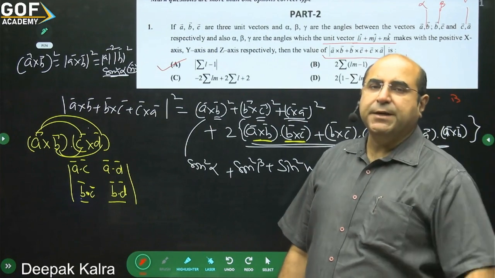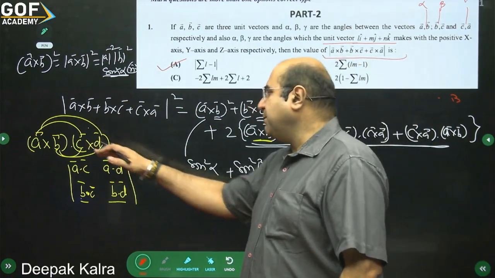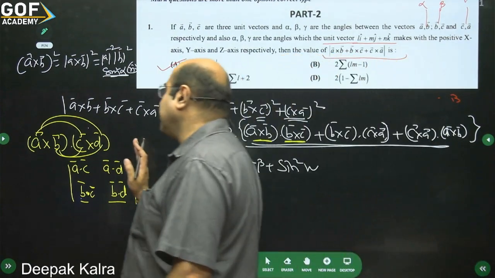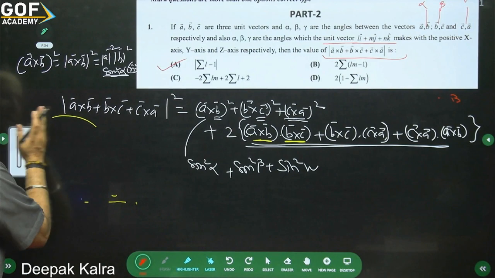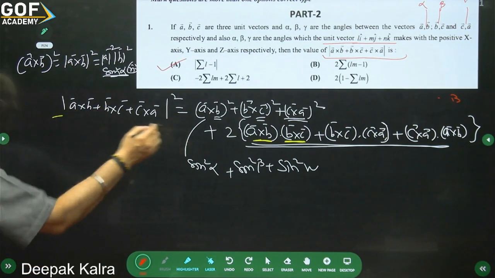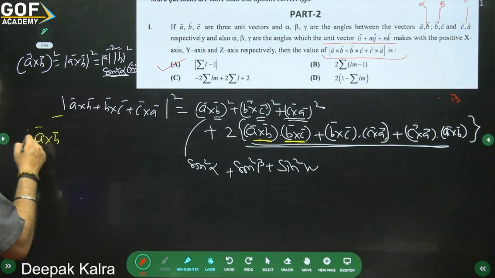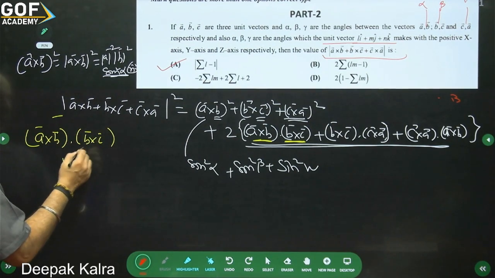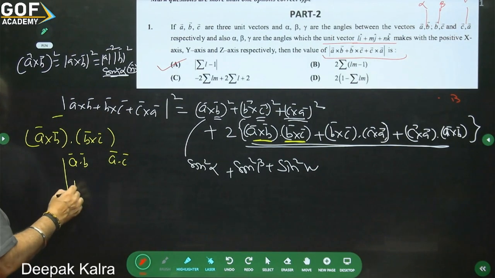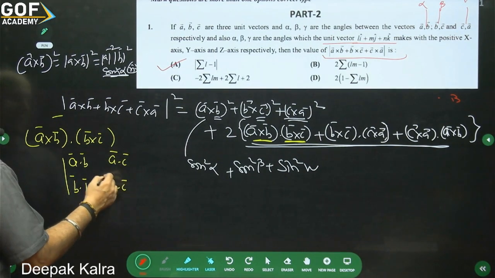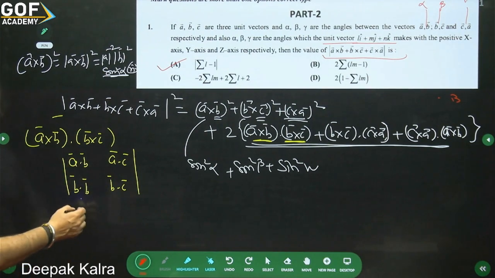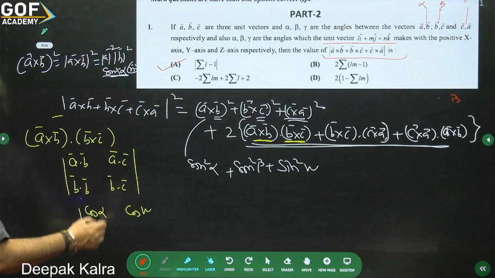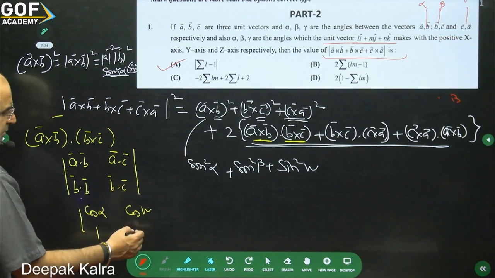Then open the determinant. Now what I am doing, this I am using for first A cross B dot B cross C. In that case I am applying this. When I apply this, I am removing it and writing it for this our parent question, A cross B dot B cross C. My answer is A dot B, A dot C, B dot B, B dot C. We know that A dot B is nothing but cos alpha, A dot C is nothing but cos gamma, B dot B is nothing but 1, and B dot C is nothing but cos beta.